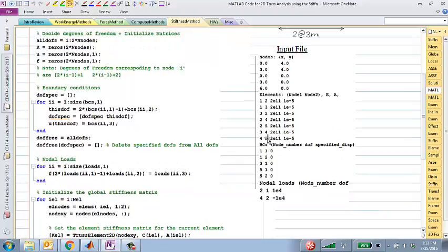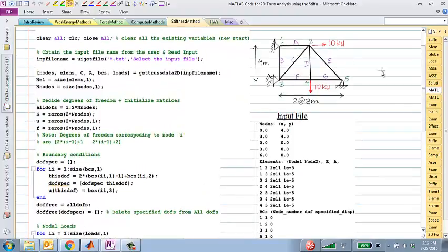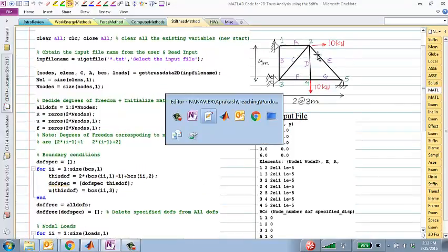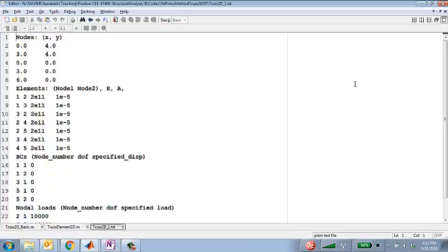So we have an input file for a truss. I hope that this input file makes sense to you. By the way, this input file is a text file. Unlike the MATLAB input files that you are using for your current version of the code, you can actually write a text file, just open up a notepad and describe the same nodes, elements, and there are 2 additional columns here.